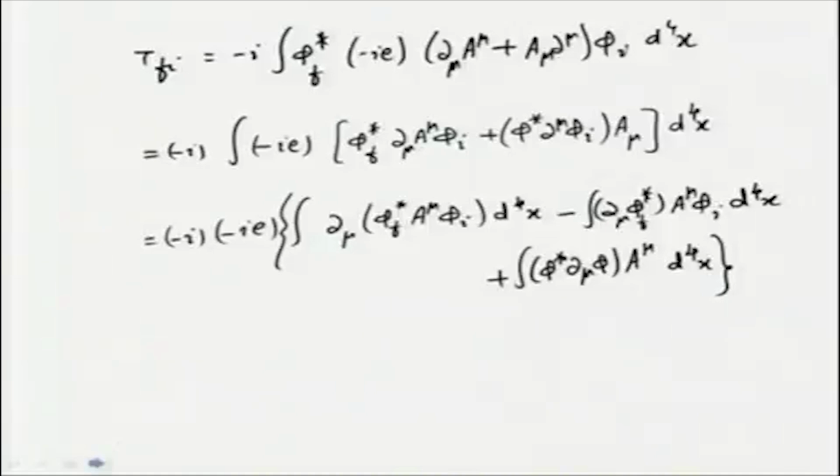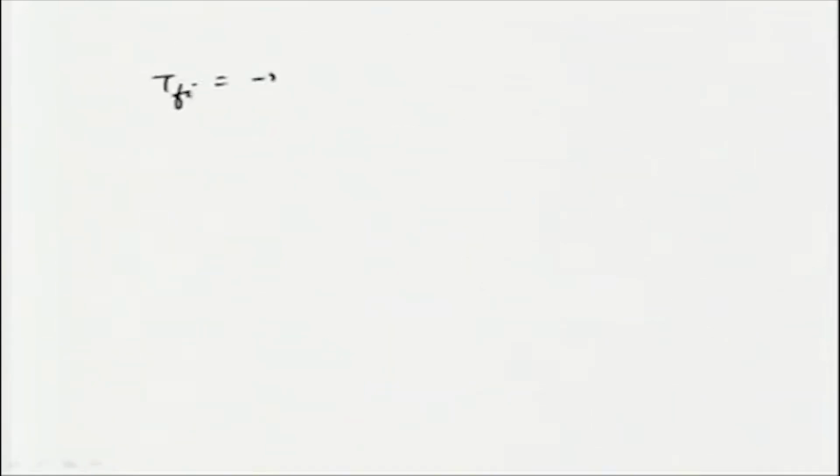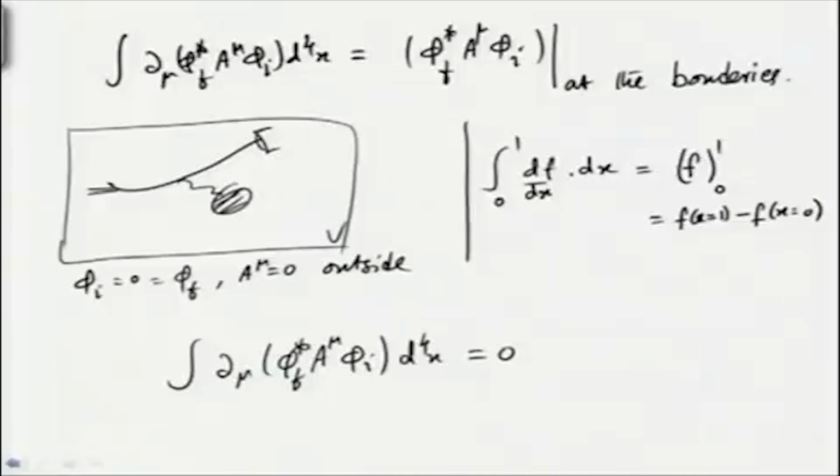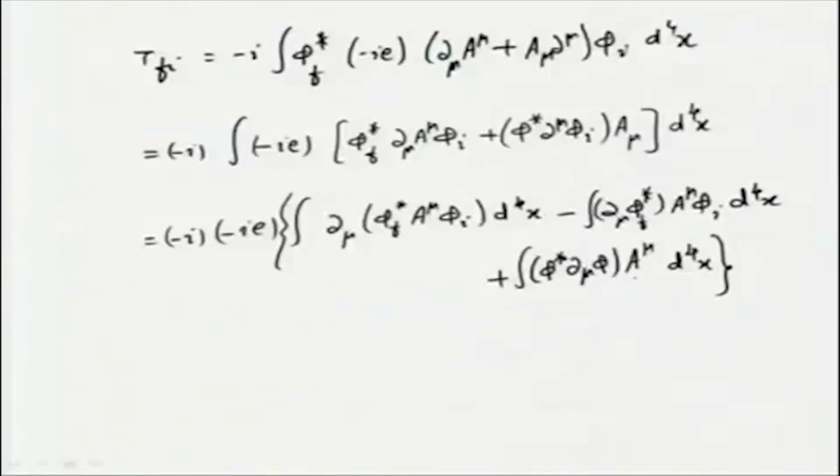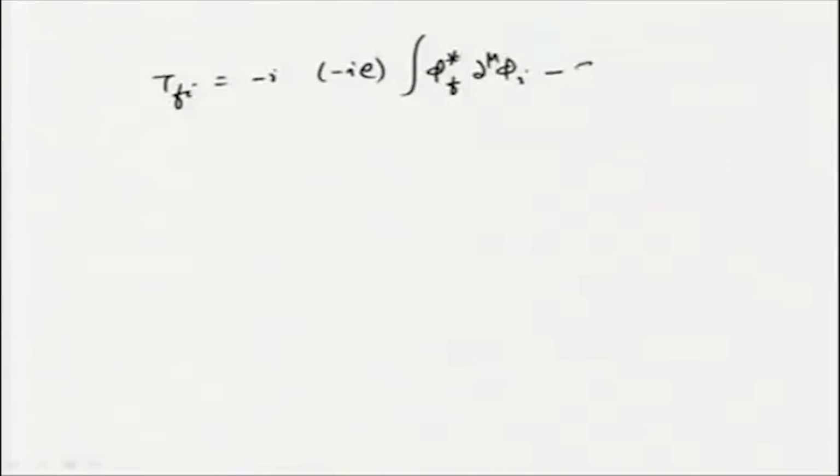We have minus i T_fi is equal to minus i e integral of φ_f* ∂_μ φ_i, this is essentially the last term here, and the second term has a minus sign there, minus ∂_μ φ_f* φ_i, multiplied by A^μ d⁴x.